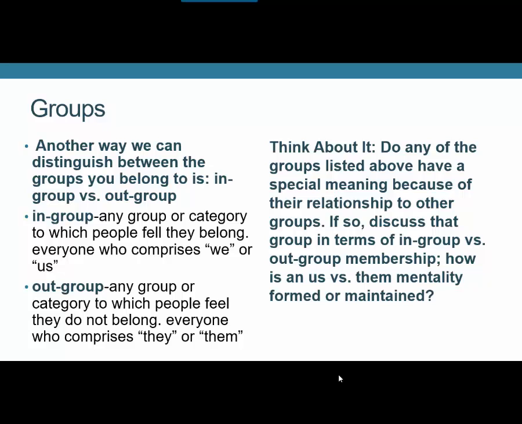If there isn't an us versus them mentality, like, so your family is a group, but it's not necessarily an in-group, because you probably aren't going around comparing your family to others in an us versus them type of way. I don't know, unless you're on some Montague-Capulet type of family rivalry situation going on.